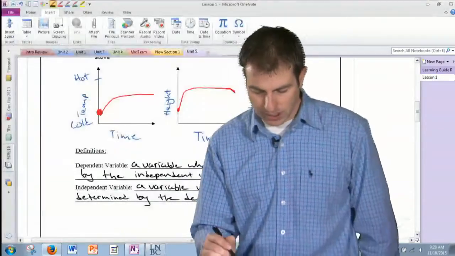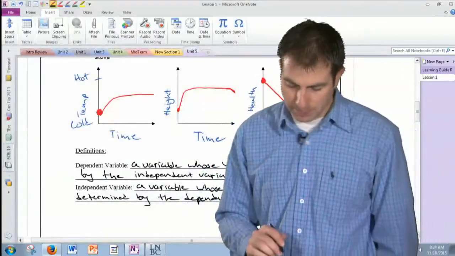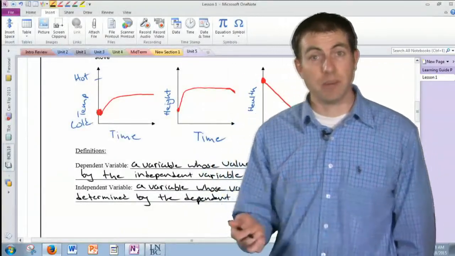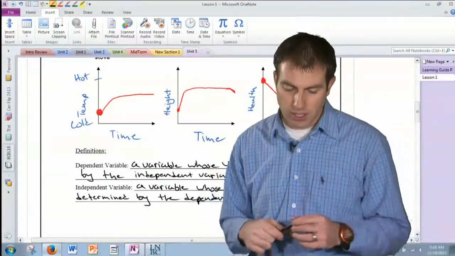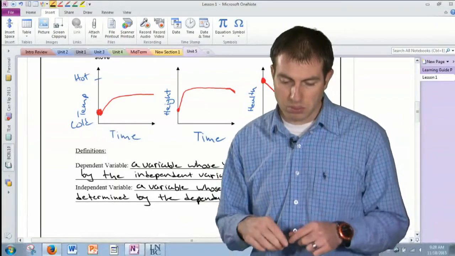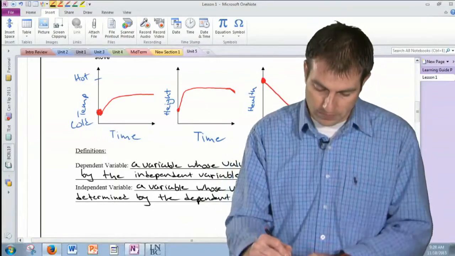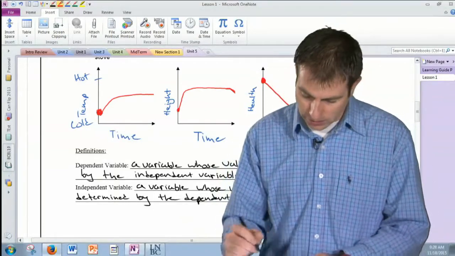Let's go with this. Generally speaking, when we do an experiment, when we talk about this in terms of math, or if we're looking at some sort of situation, the independent variable is something we have control over. So let's write that in here.